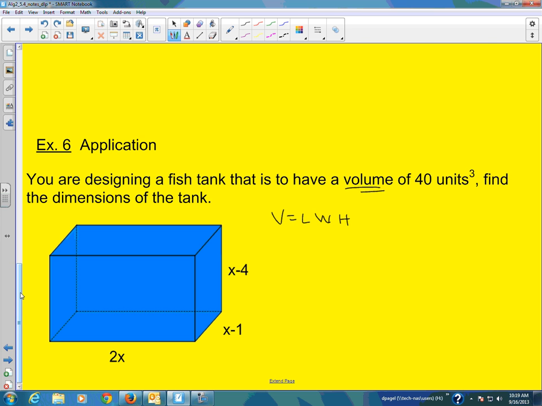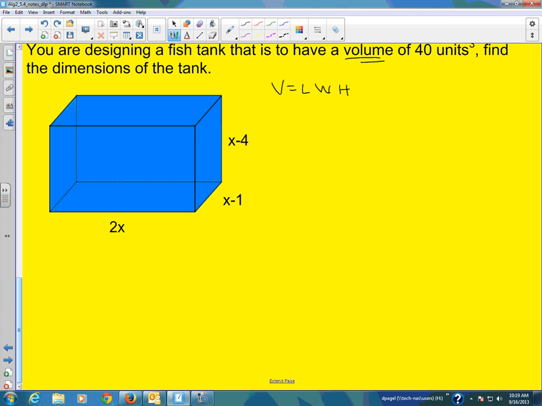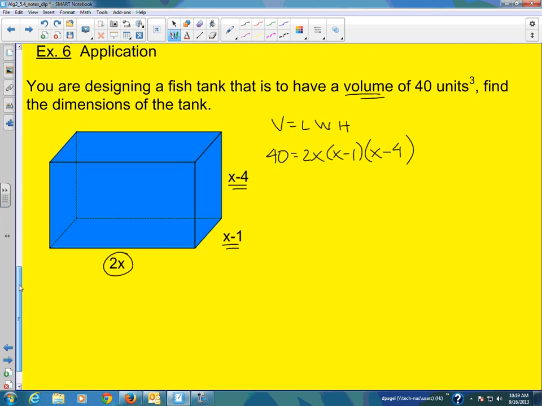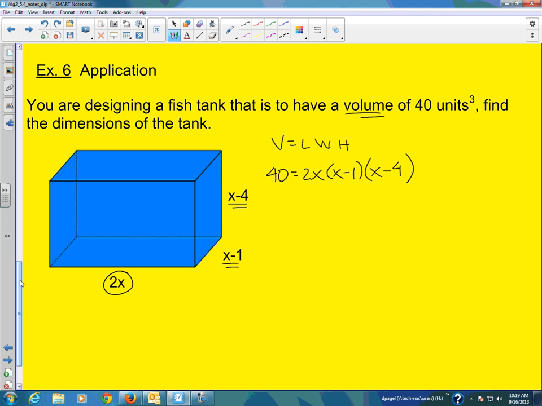So let's put in what we know for length, width, height, and for volume. So volume we know is 40.